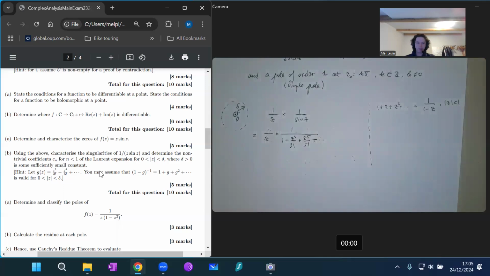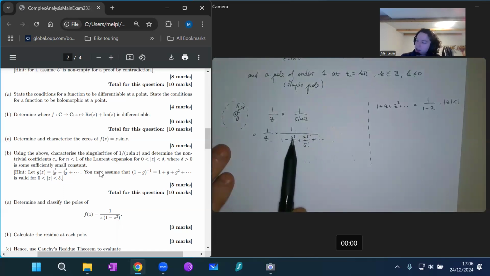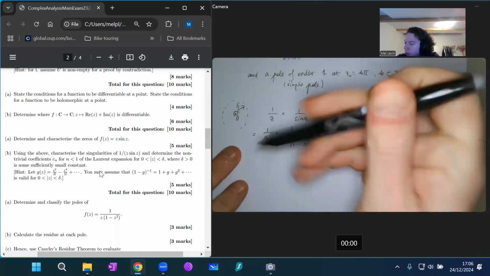Now, from their hint, I see g of z is z squared over 3 factorial and so on. So this should have a pole of order two. Oh, I'm sorry, this is not 1, this is z.